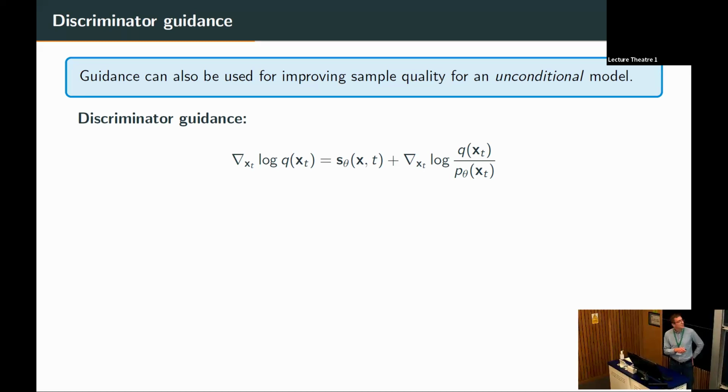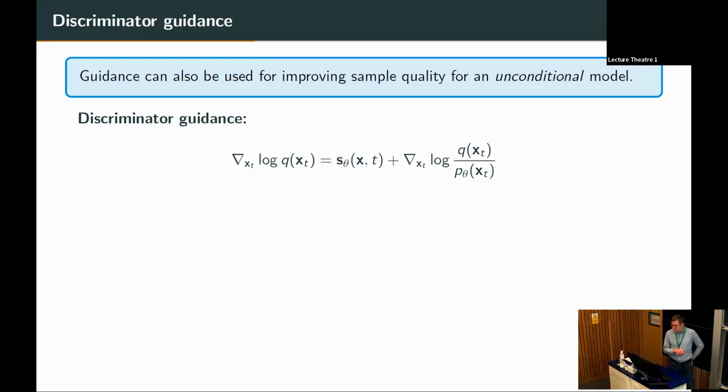So what we do is we write the true score of the marginal at time t as our score model, plus a correction term here, which now depends on the true marginal again, which was intractable, and the actual generative model. So you can think about this S here as being the score of p theta. So these two terms cancel, and we're just left with the score of the marginal u of xt.